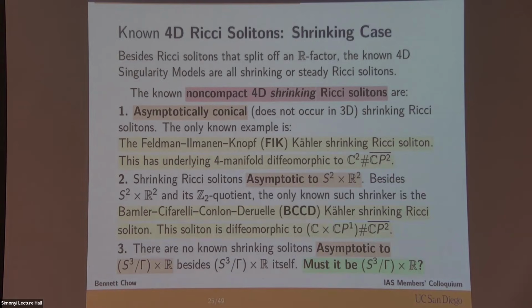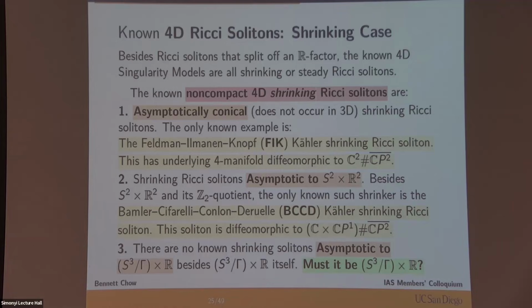Okay, so let's first consider the non-compact 4D shrinking Ricci solitons. The first case is a huge departure from 3D. In 3D, you cannot have asymptotically conical singularity formation, but this begins to occur in dimension 4.